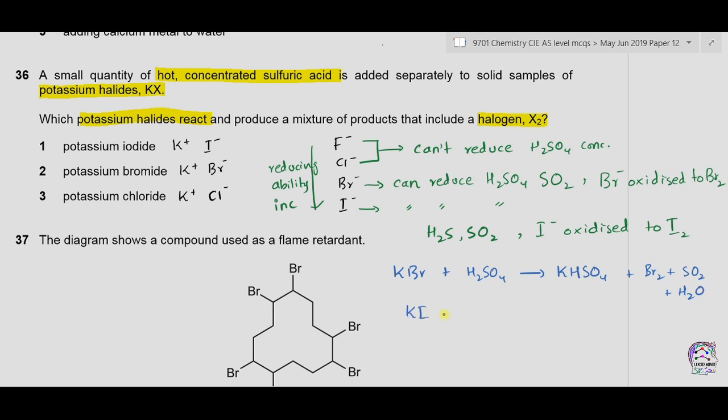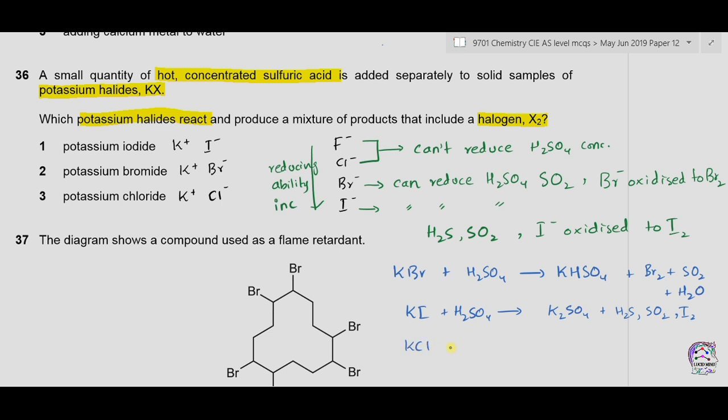For potassium iodide, the products would be potassium sulfate, hydrogen sulfide, sulfur dioxide, iodine.